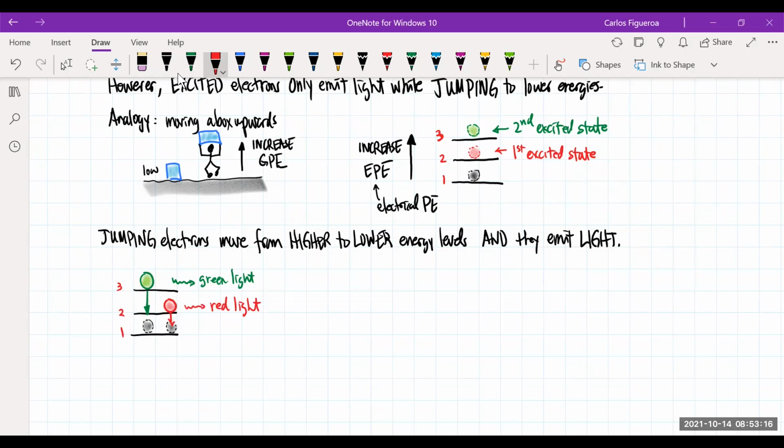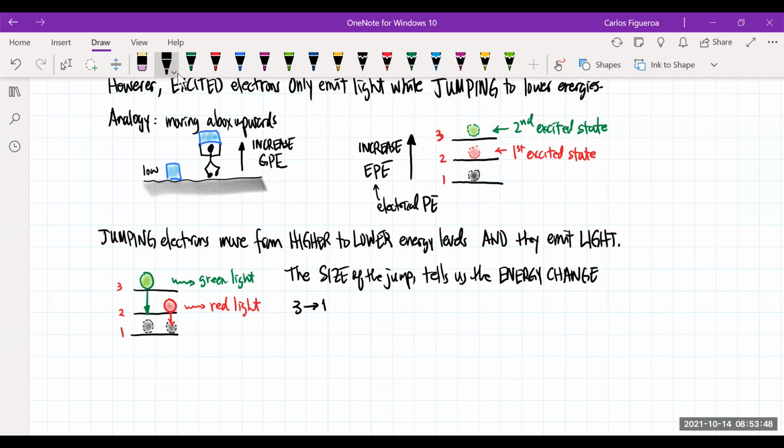But here's the thing. The size of the jump tells us the energy change. When I look at this, note that if I go from 3 to 1, this is a larger jump.